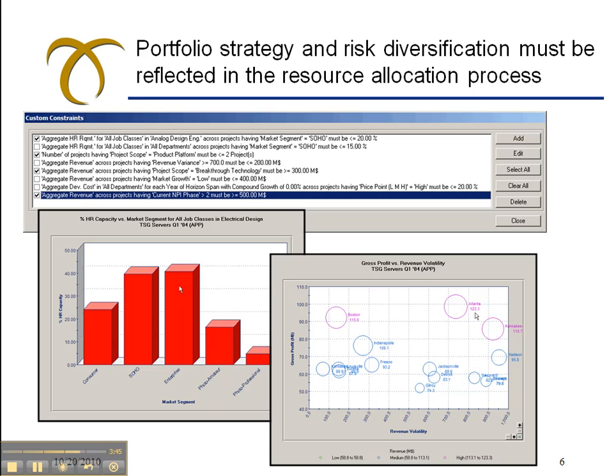Things like what amount of our revenue over the planning horizon would come from breakthrough type projects versus things like incremental derivatives, and other such strategies as having a certain amount of our revenue coming from projects that are further through the development pipeline and therefore more certain, such as being beyond a given gate or phase type milestone.